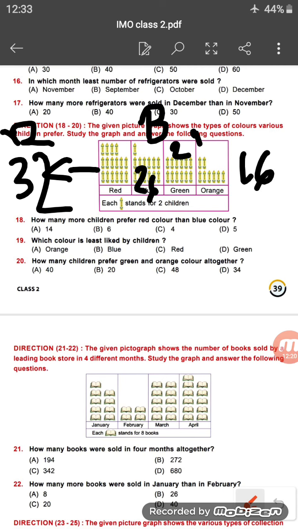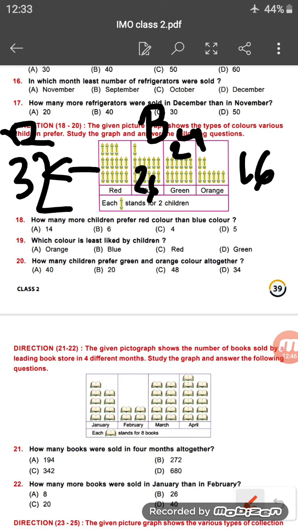So how many more children preferred red color than blue color? So easily we can do it by subtracting. The number of children who prefer green color is 24, I have written earlier as well. The number of children who prefer orange color is 16.